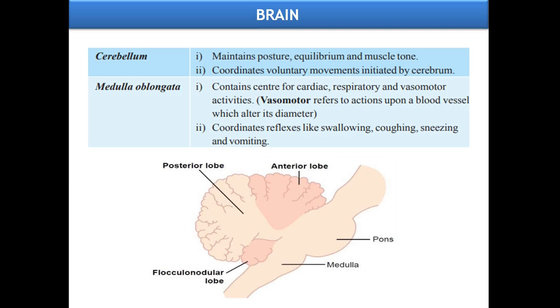The dilation and contraction of the blood vessels is called vasomotor activity. And it coordinates reflex actions like swallowing, coughing, sneezing and vomiting. That is all about the brain, which is a part of the central nervous system.